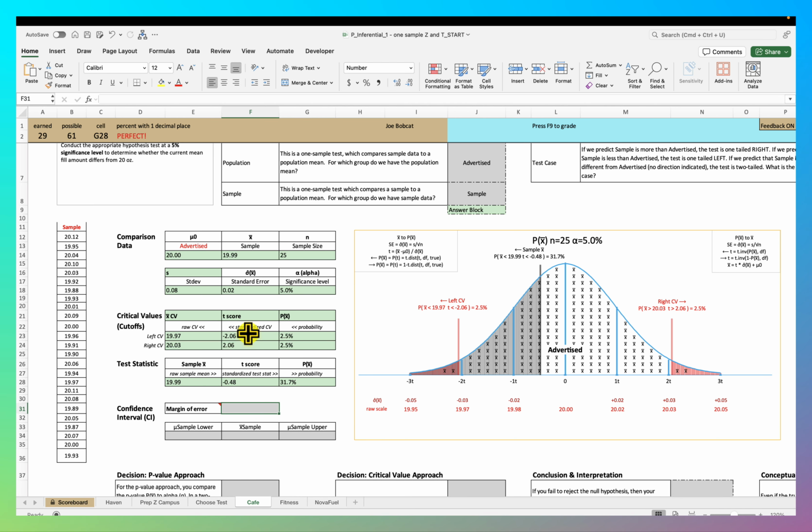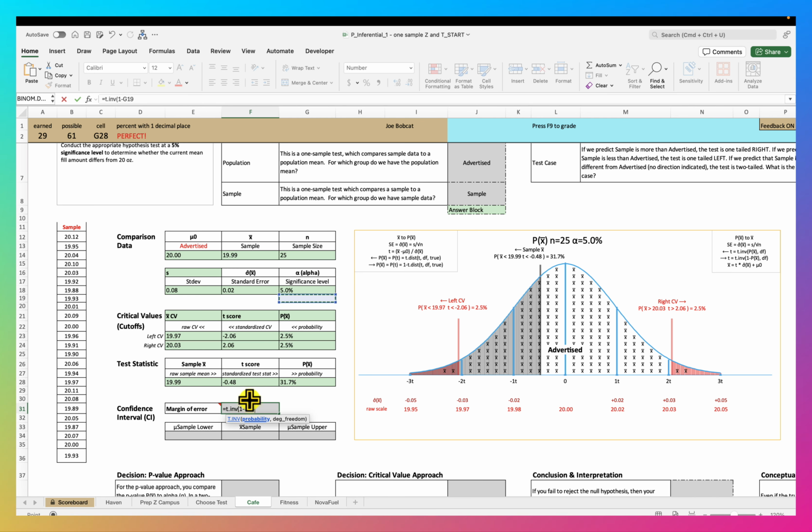Because we've got the right hand of the two tails. We could grab this 2.06, but if that's going to freak you out, then just go ahead and calculate it again. So t dot inverse 1 minus alpha divided by 2, actually, that's not the alpha divided by 2.